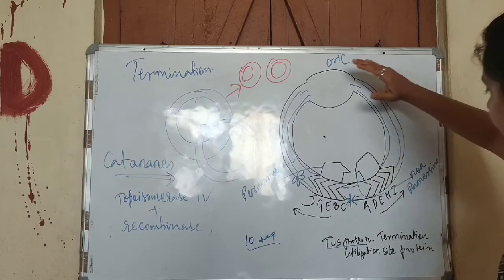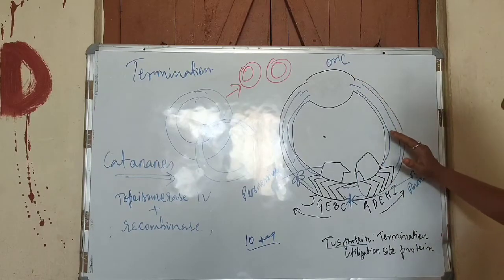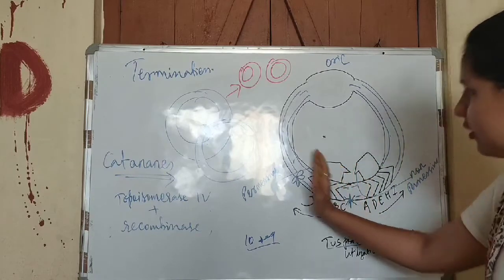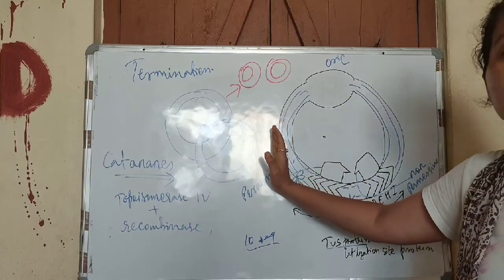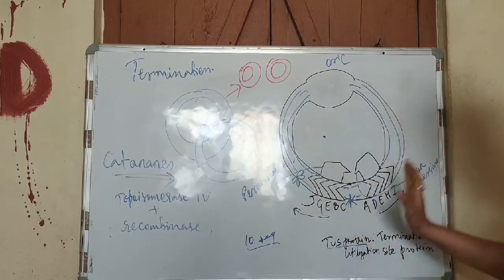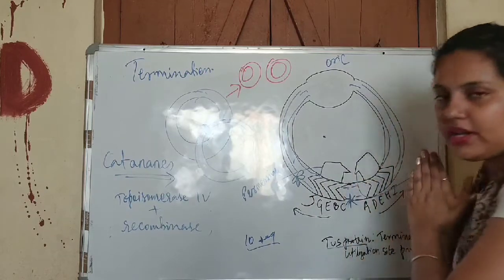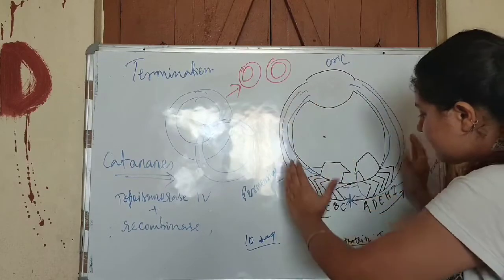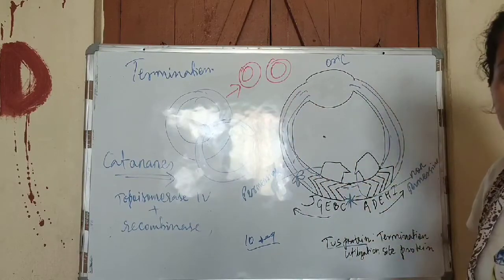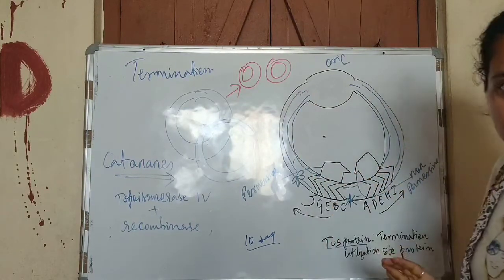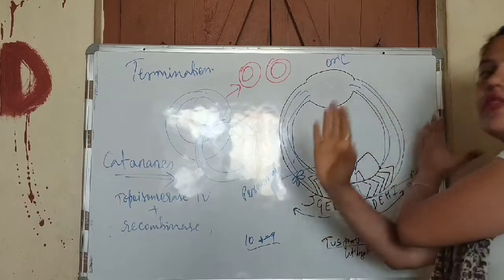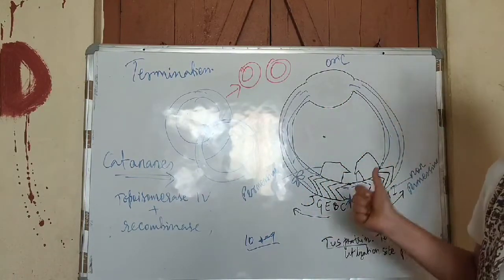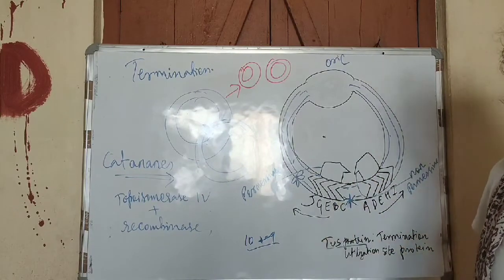In the same way, from the opposite direction also, helicase can come through the permissive end, but it cannot move through the non-permissive end. So there will be a point at which the helicase enzymes from both sides meet one another, but they will not go further because there is a non-permissive site of the TUS protein.